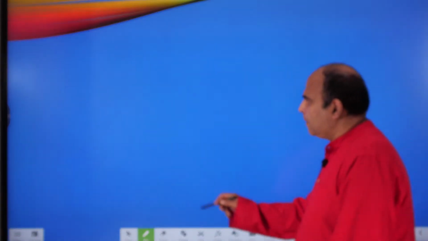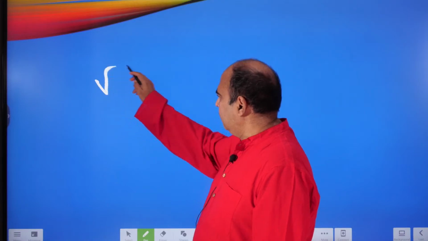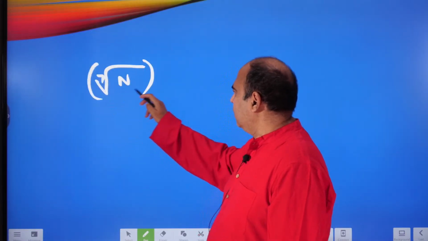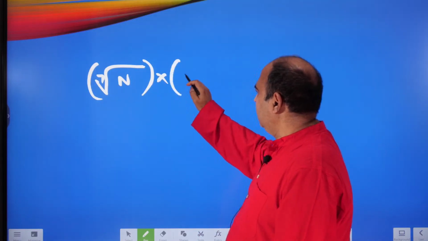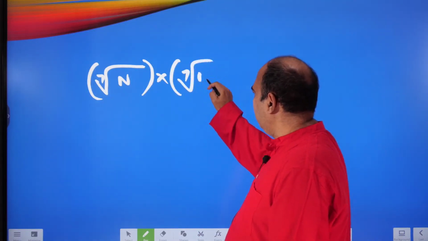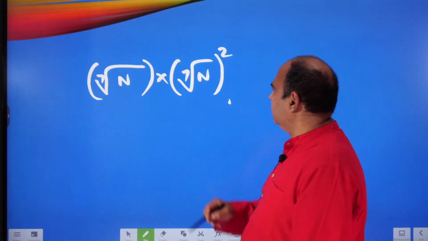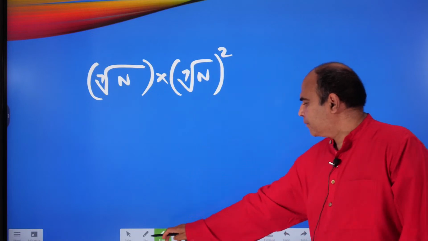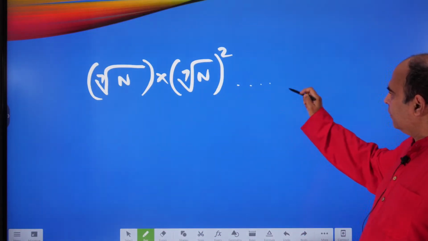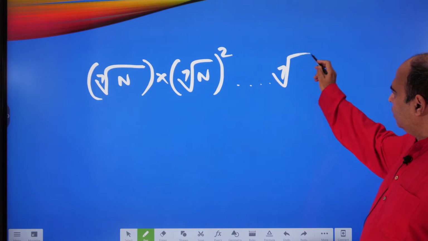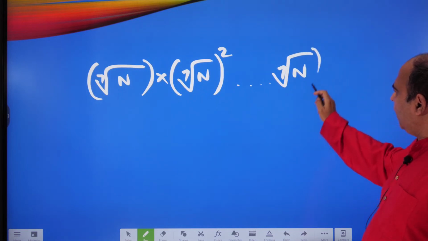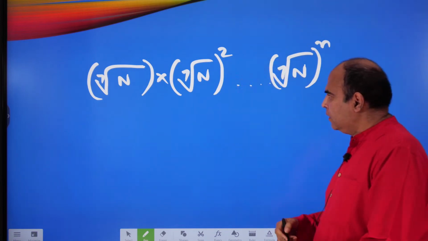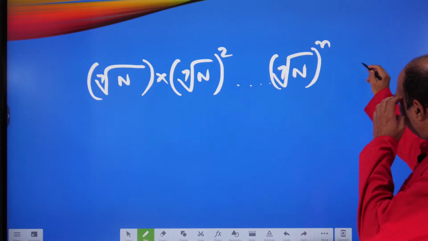So what this is saying is the 7th root of 10, into the square of the 7th root of 10, dot dot dot, up to the nth power of the 7th root of 10, has to be greater than 999.